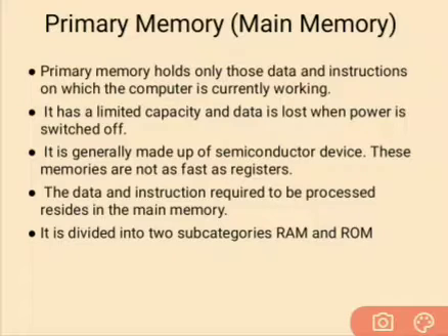These memories are not as fast as registers, and the data and instructions required to process reside in the main memory. It is divided into two subcategories, that is RAM and ROM.